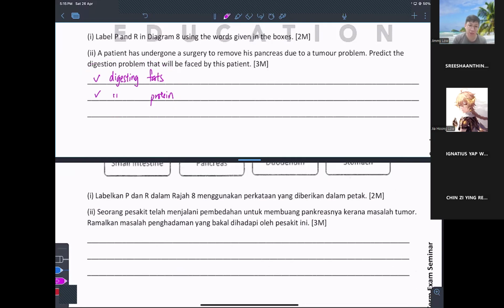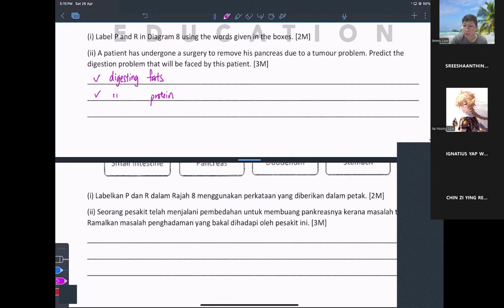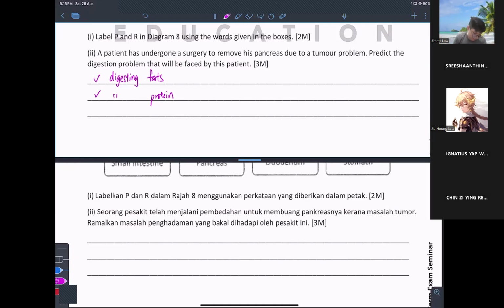So you cannot digest fat and cannot digest protein properly. You can write unable to digest fat, but this one is only 1 mark. You have to say one more. Unable to digest protein.